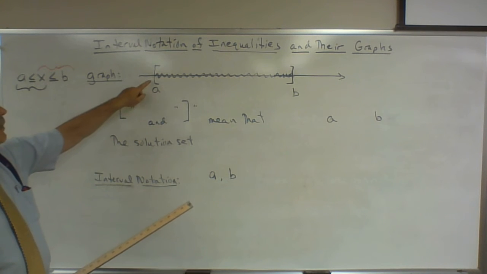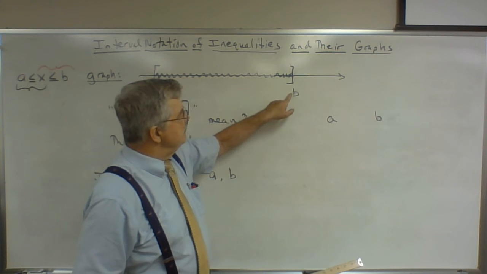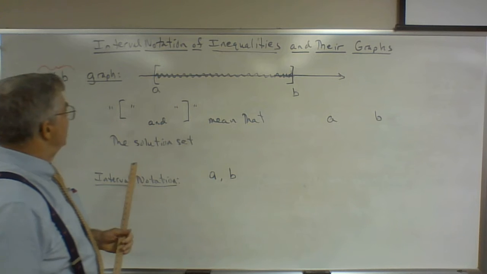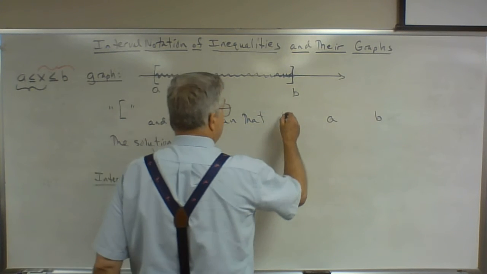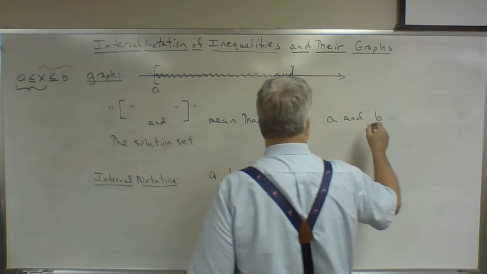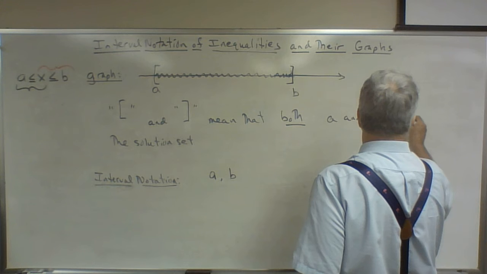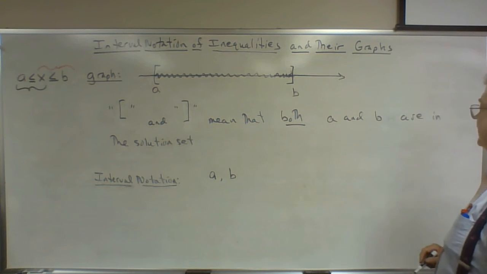So we have square brace a all the way to square brace b. And these square braces tell us both a and b are in the solution set.